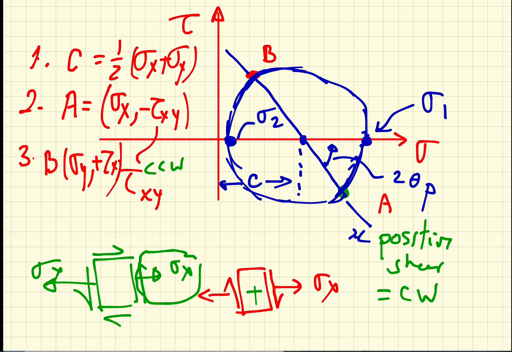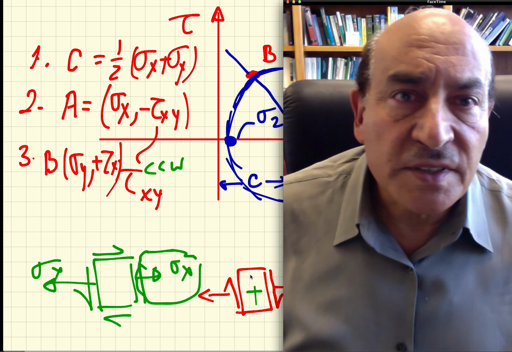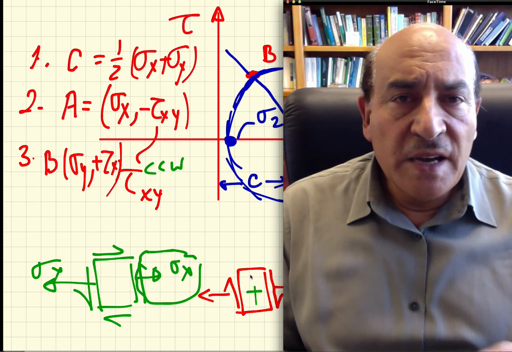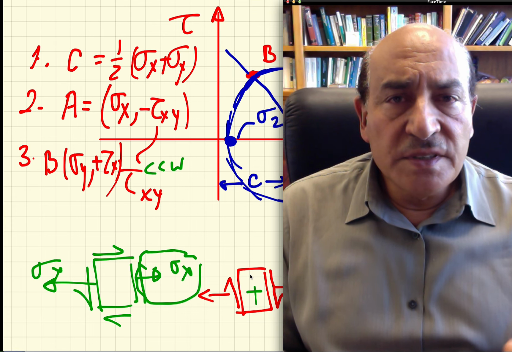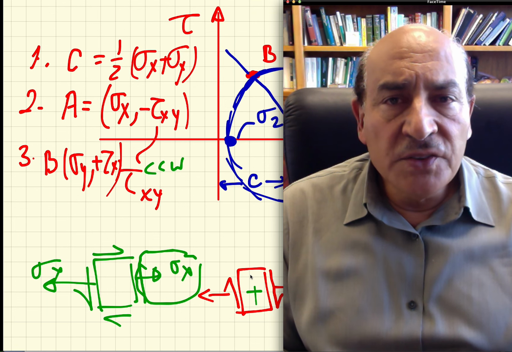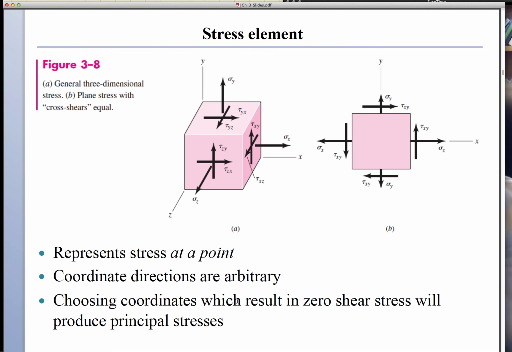So that's the procedure that we follow in constructing the Mohr circle. What I would like to do now, since I did it all by hand, is go over some slides which show the Mohr circle construction, the utilization of the 2 equations, and an example. So let's do that here.